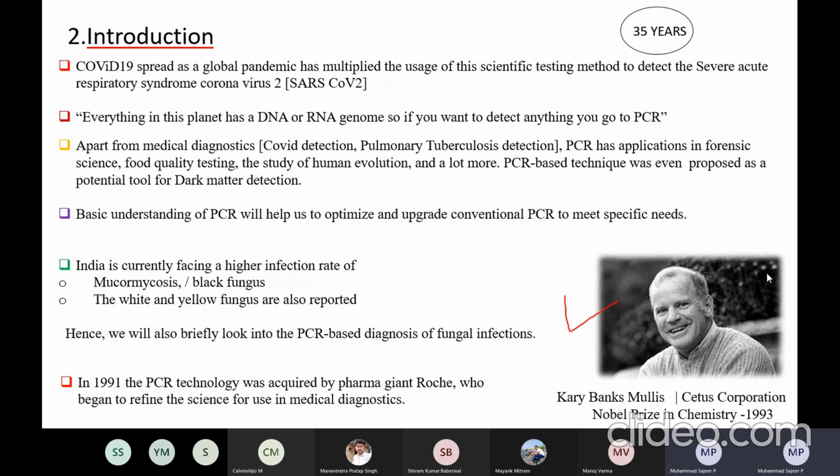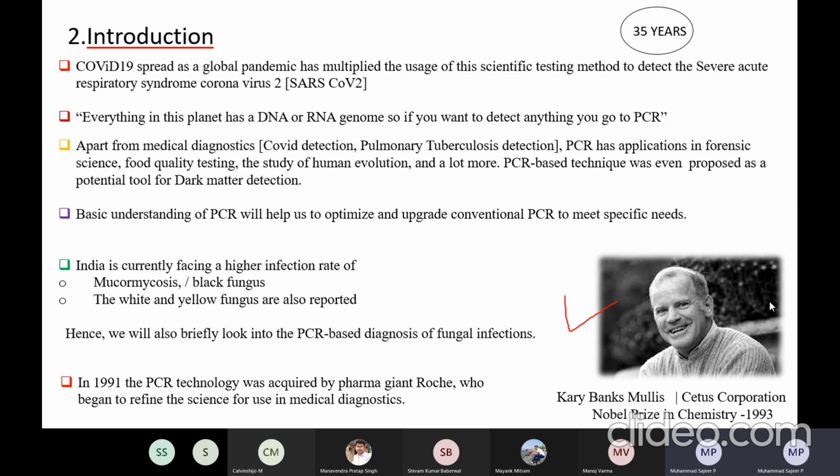The story goes that he was taking a night ride on his bike on a long highway near the Pacific Ocean, and he was thinking about his job. Suddenly the idea of PCR struck his mind, and it is reported that before the journey was over, he started smelling a possible Nobel Prize.